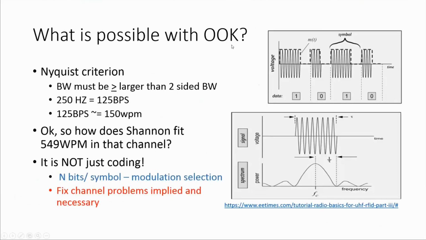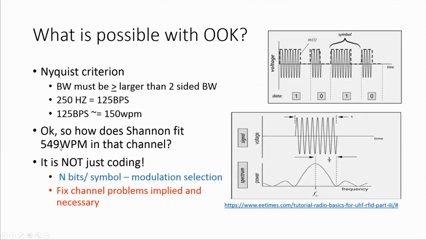So if we just think about what is possible with on-off keying, knowing that the Shannon capacity is 549 words per minute, we also have to obey the Nyquist criterion. So if we just use on-off keying and we look to the first null, so using the two-sided bandwidth, we could do 150 words per minute. So clearly the channel capacity is way more than 150 words per minute.